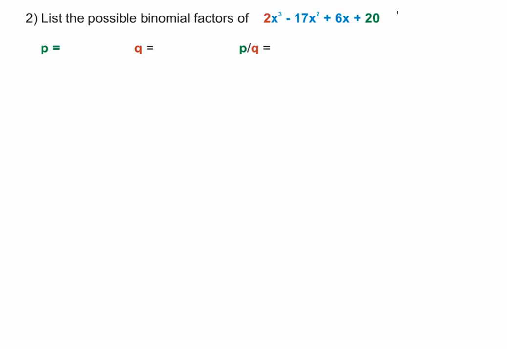Okay, so here's the same scenario. You've got a polynomial. Again, we're worried about the lead coefficient. That's a 2. And we're worried about the 20, right?